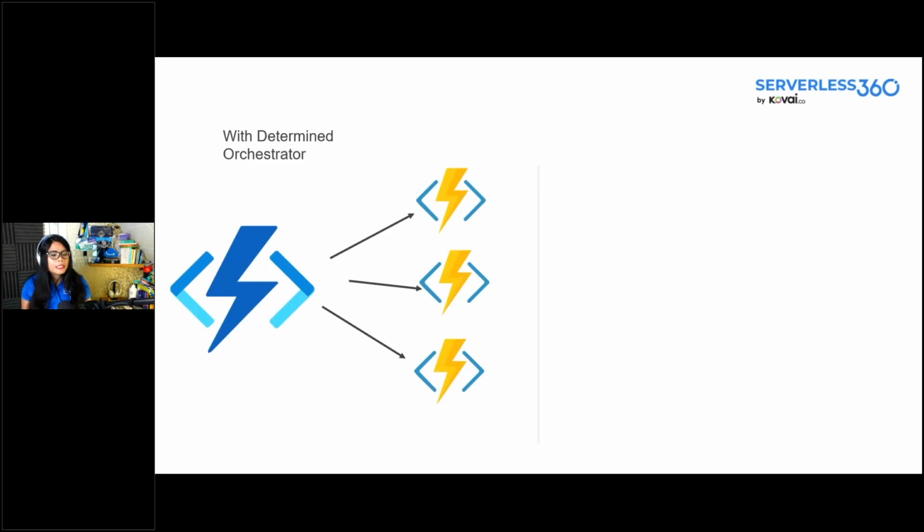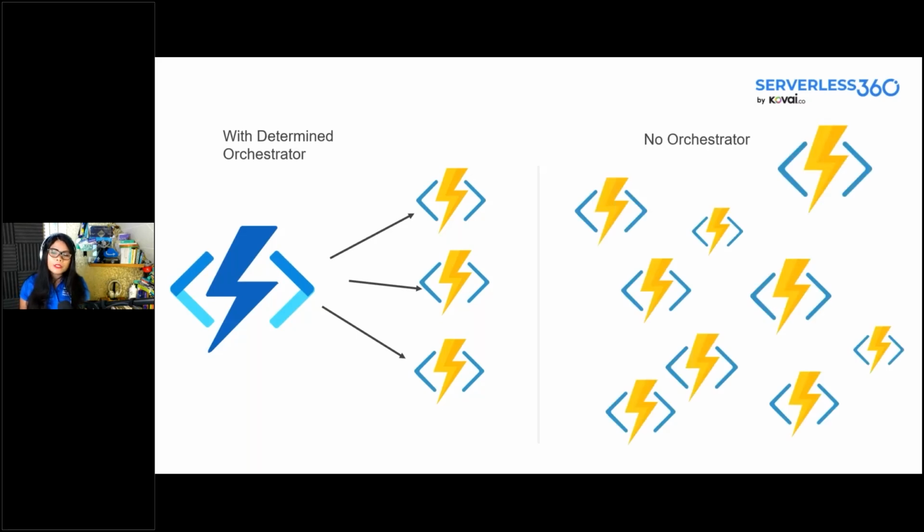Here on the left side, we see an example of durable functions with an orchestrator. It's the one that's controlling the activities around it. And then if you don't use durable functions, you don't have an orchestrator, and you can see on the right it's just isolated standard Azure functions.